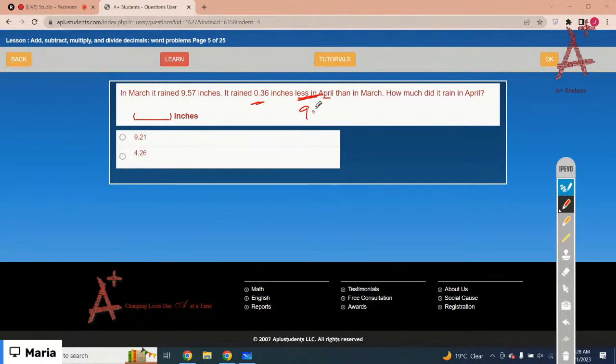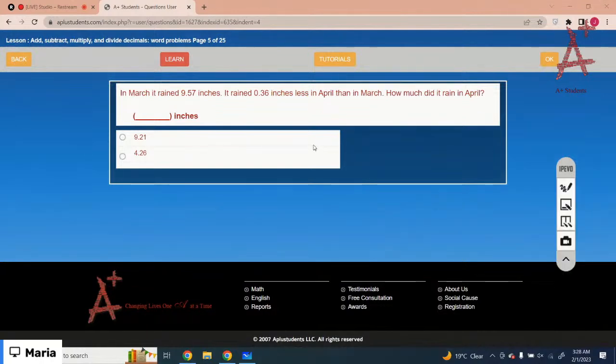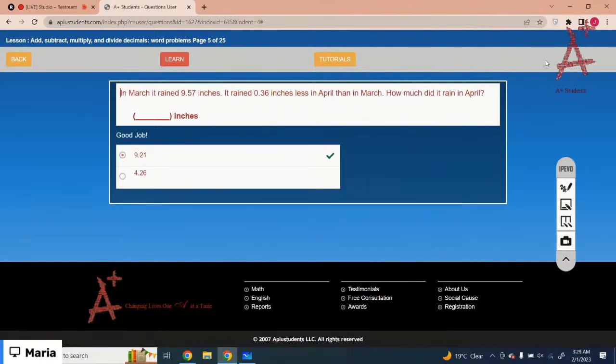So you have to subtract 9.57 take away 0.36. 7 take away 6 is 1, 5 take away 3 is 2, and 9 take away 0 is 9. So it is 9.21. Got it? So just select the correct option and click on the OK button.